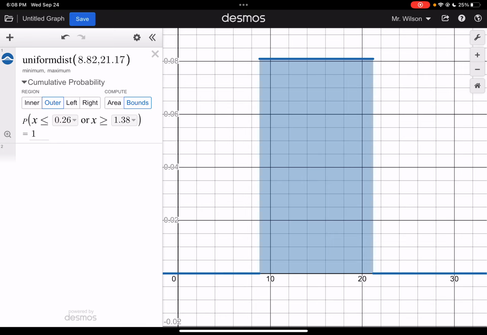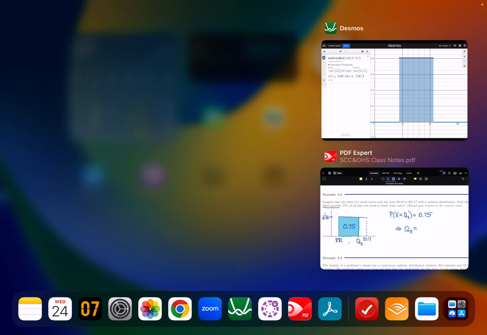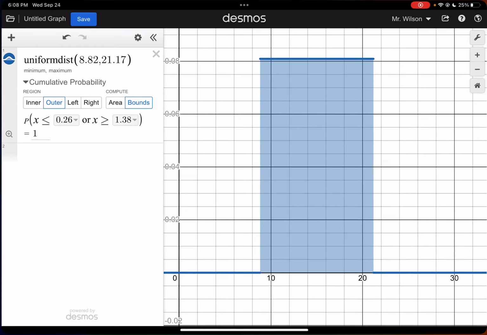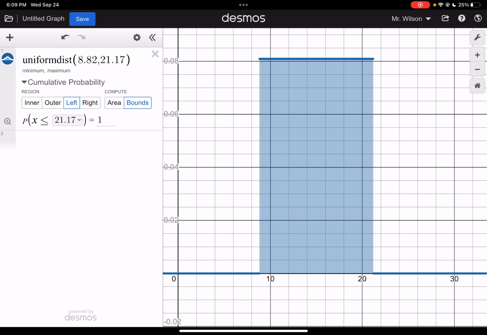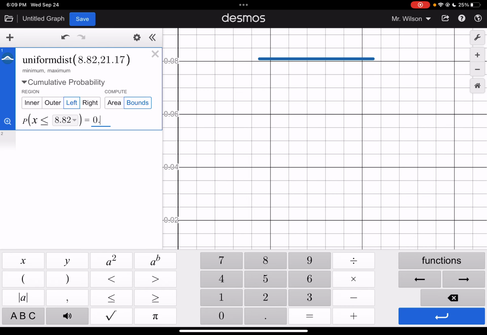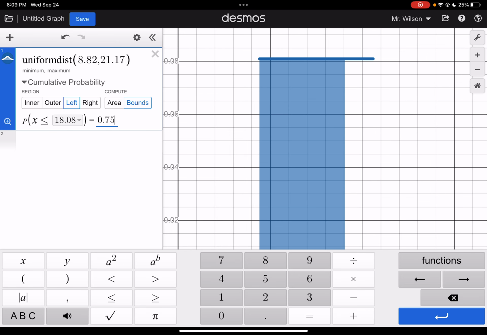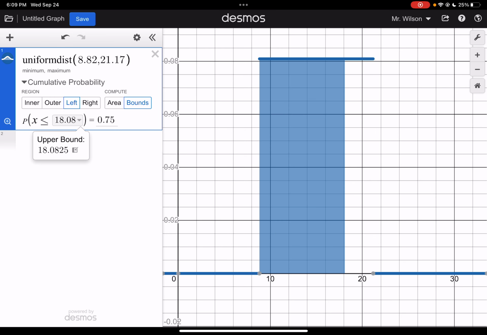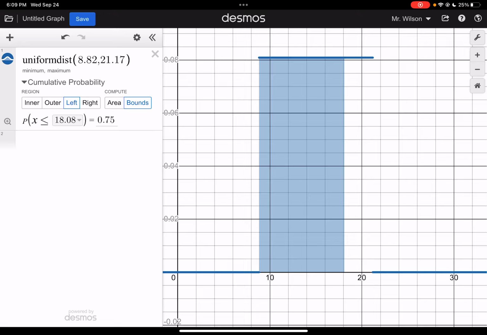Okay. So we want to find bounds, and the area we're currently looking at is 75% to the left. So we're going to do left, and this time we get to type in what we want the area to be. That's 0.75. And right here, we have that upper bound. So this is the x value. That is the upper bound on this 0.75 area. That is Q3. That is the third quartile.